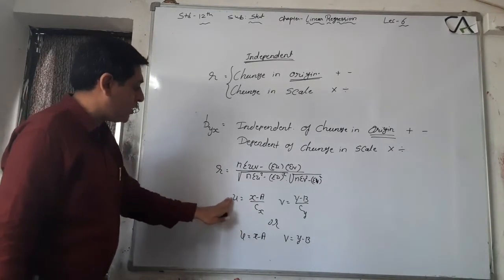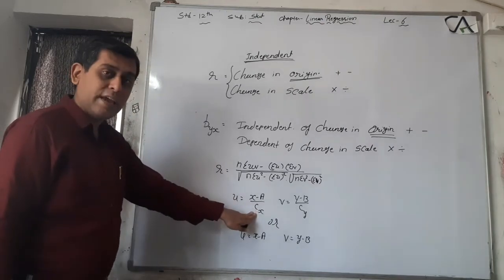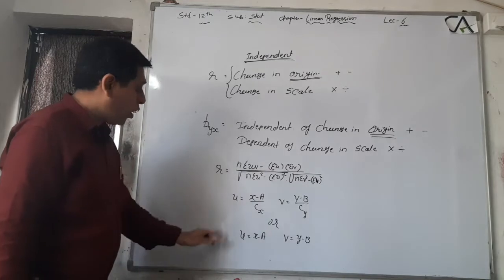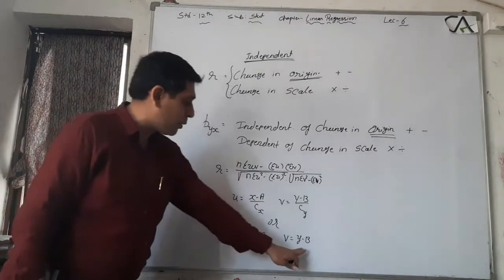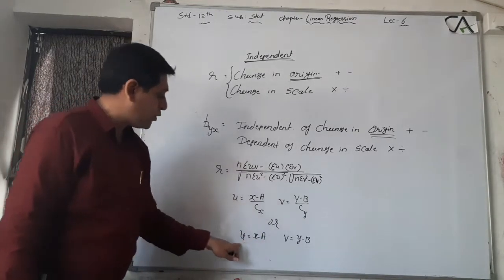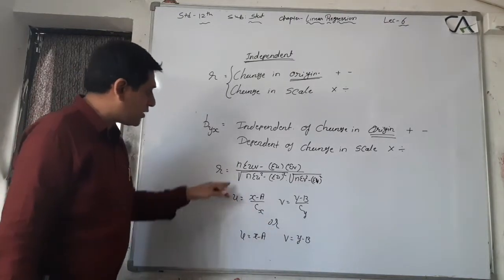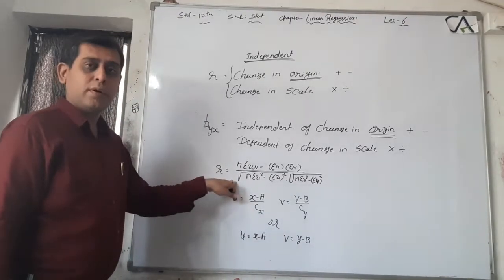When you are taking u as this, that means you are taking cx and cy as common from x and y, or you are not taking any common amount from x and y, that is u equal to x minus a and v equal to y minus b. In both the cases the formula is common.